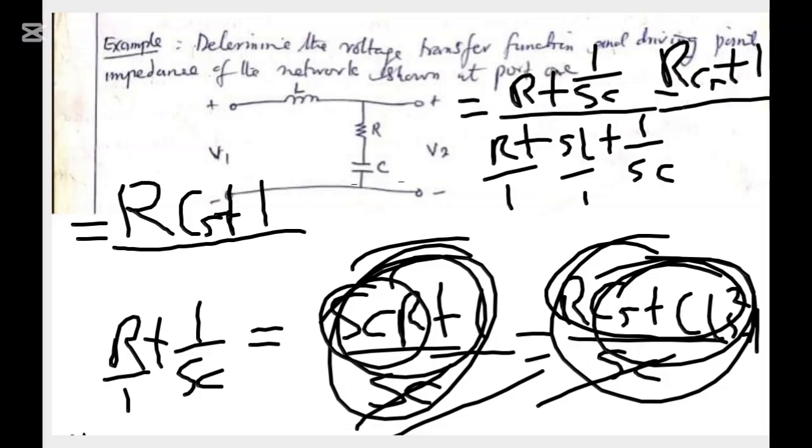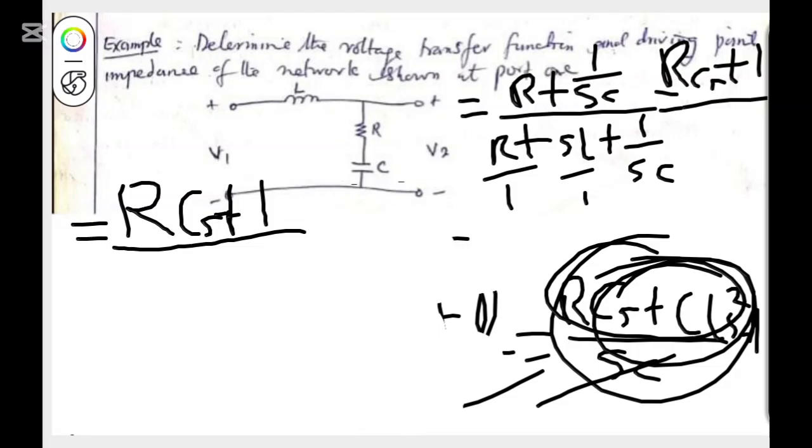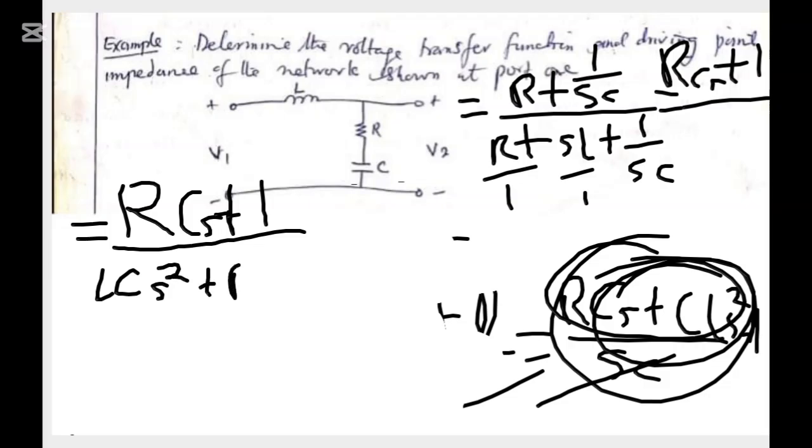This is the same thing as saying RCS plus, the S is squared, so LCS squared plus 1, all divided by LCS squared plus RCS plus 1.